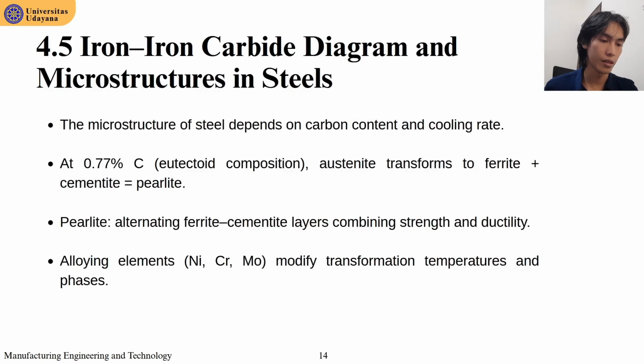So next is microstructure. Steel microstructure depends on carbon content and cooling rate. At 0.77% carbon, austenite transforms into pearlite, alternating ferrite and cementite layers.